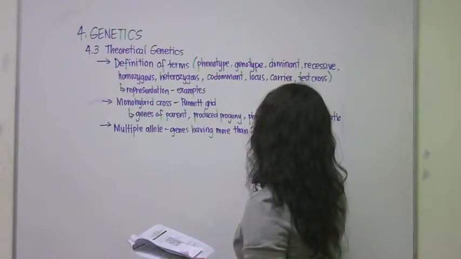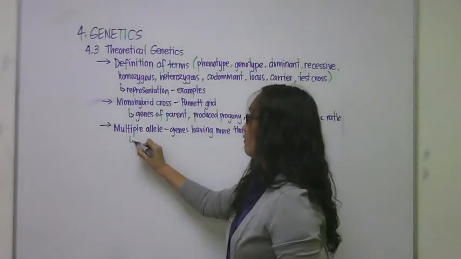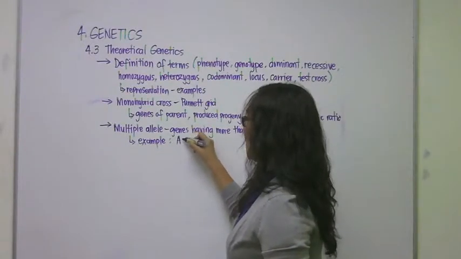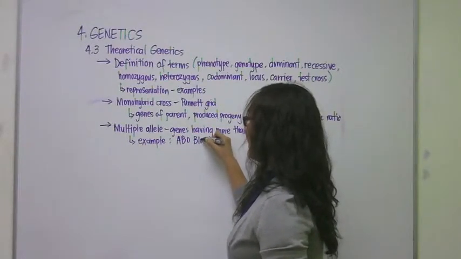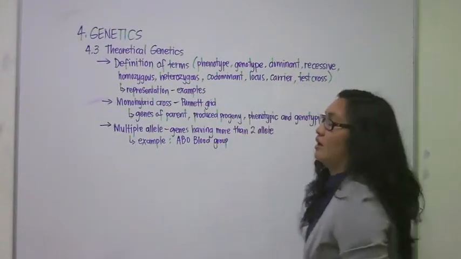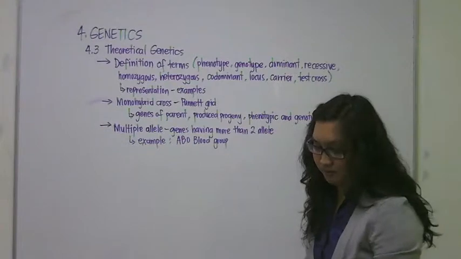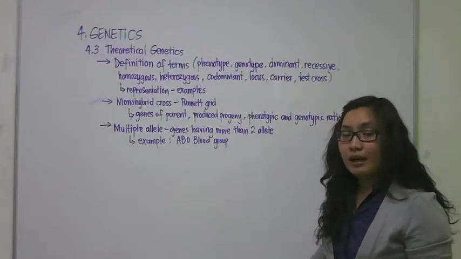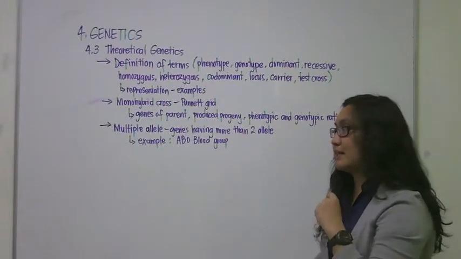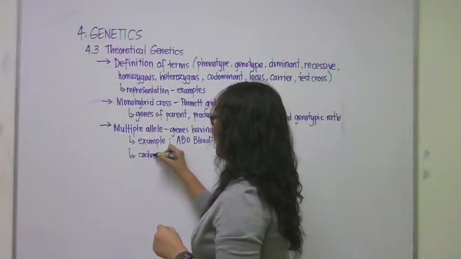Okay, so students can understand this area further if we give an example in the form of ABO blood groups. So in the case of ABO blood groups, there are 3 alleles present in the blood groups, the A, B, and O alleles, wherein along the way in this type of blood groups, codominance also occurs.